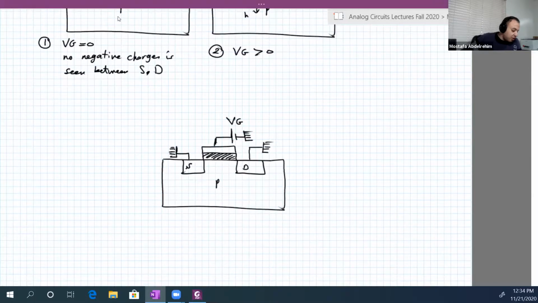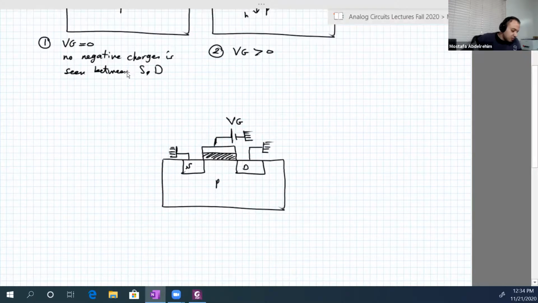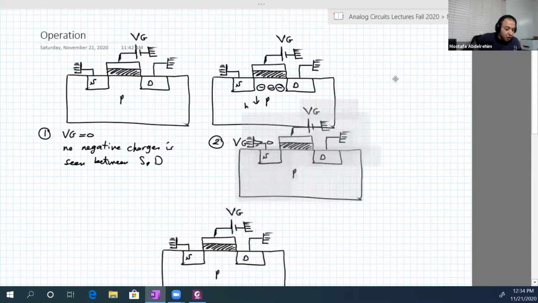At some value of VG, which we call V threshold, another interesting phenomenon happens.